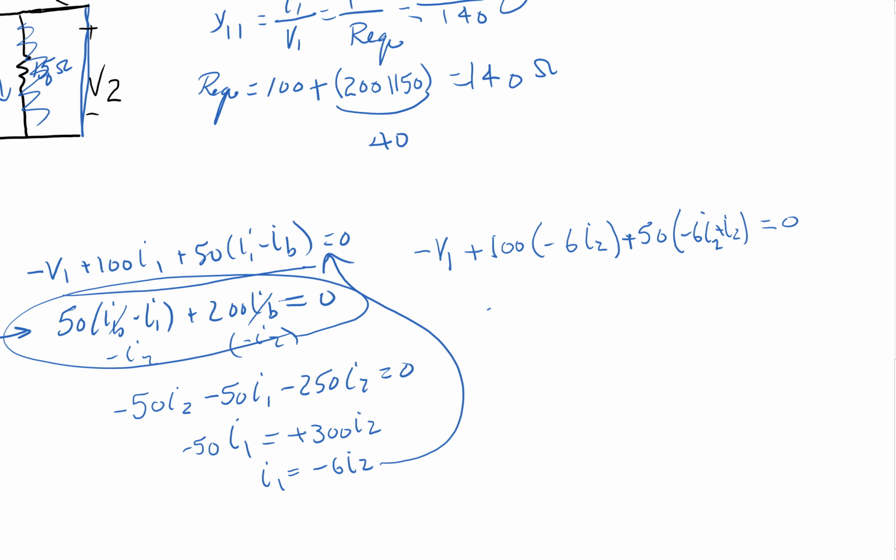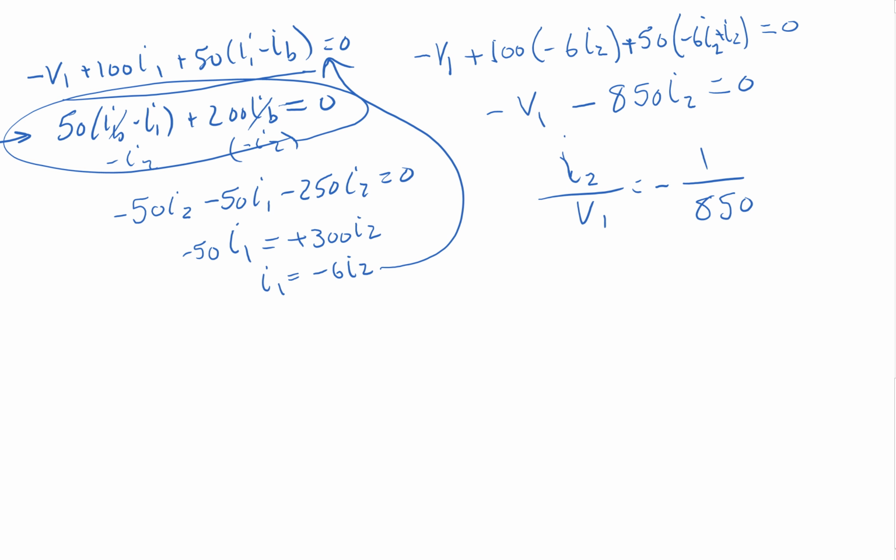So minus V1 minus, so that was 600, that was 250, so we've got 850 I2 equal to 0. What we're looking for is I2 over V1, which is minus 1 over 850.